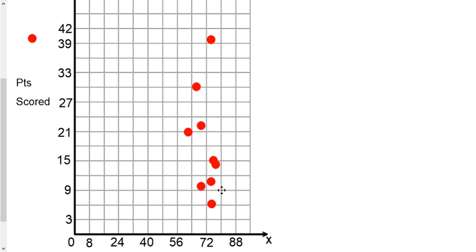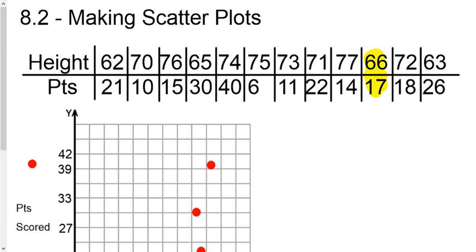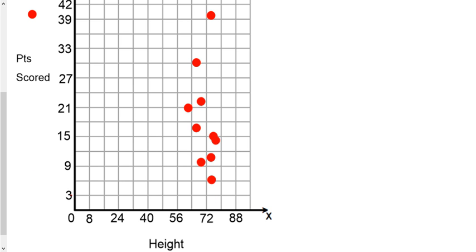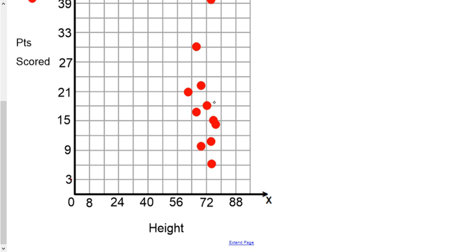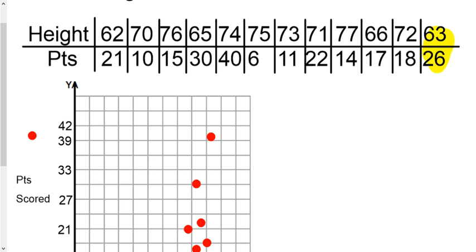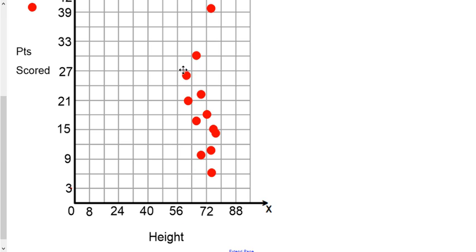As you can see, it's getting crowded, but if this is 80, 77 would be right before it, and 14 would be almost to the 15 line. There's 66, 17 right here. 72, 18 is right here. And here is 63, 26, the last ordered pair that we put on the graph.